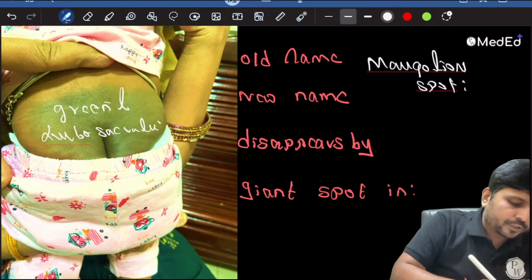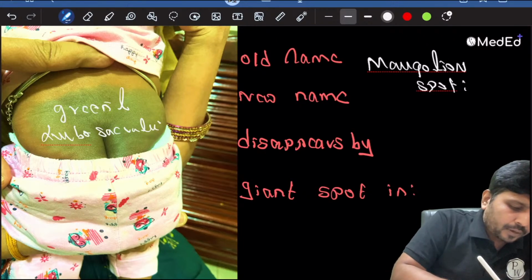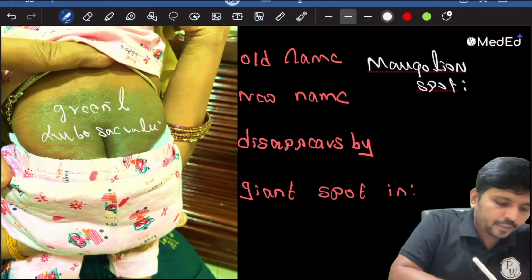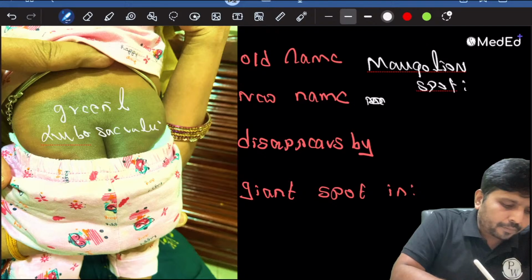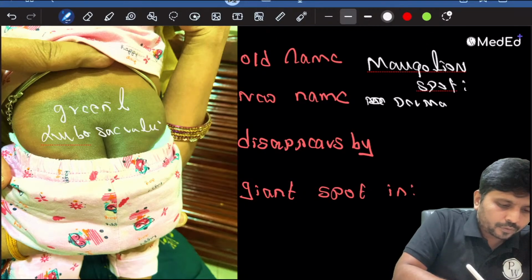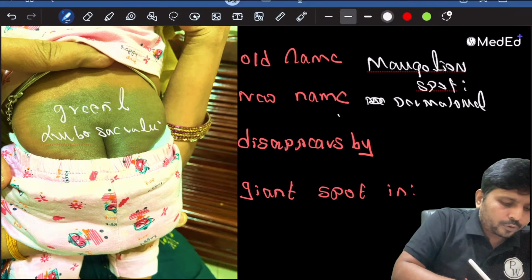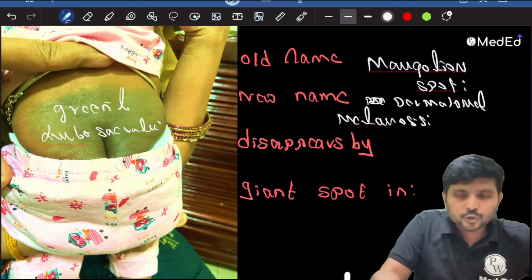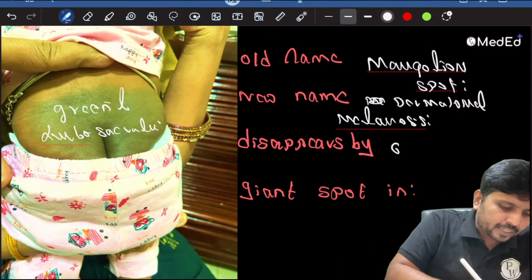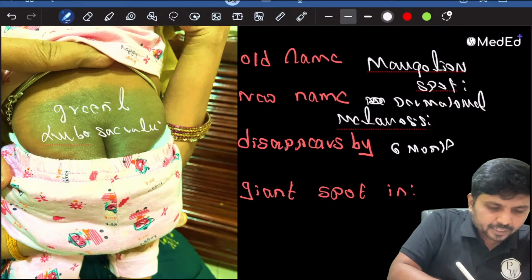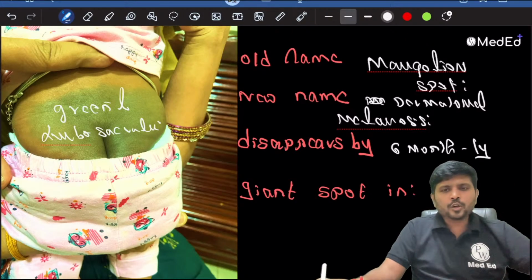The new name is dermal melanosis, increased melanin pigment. It usually disappears by 6 months to 1 year because it is physiological.